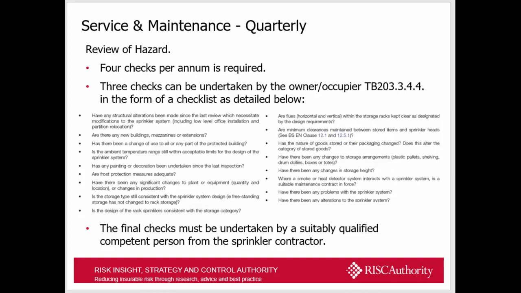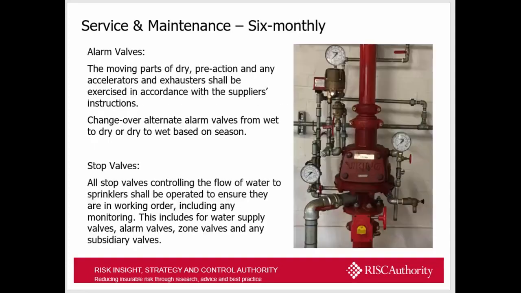Have there been any problems with the sprinkler system? Have there been any alterations to the sprinkler system? These should all be recorded and kept on file within the logbook. And as I say, if you haven't had these quarterly reviews done, then your system's not compliant to TB203 or even BS EN 12845.